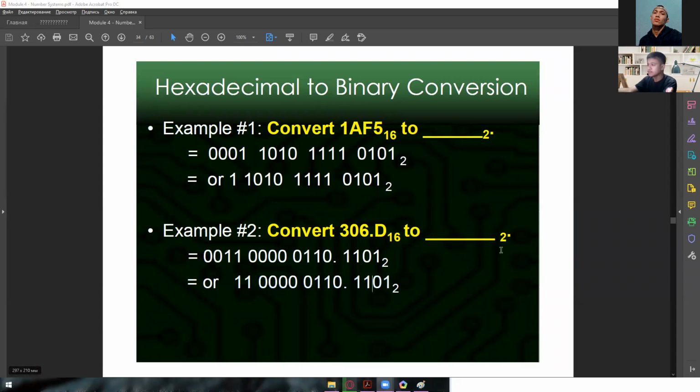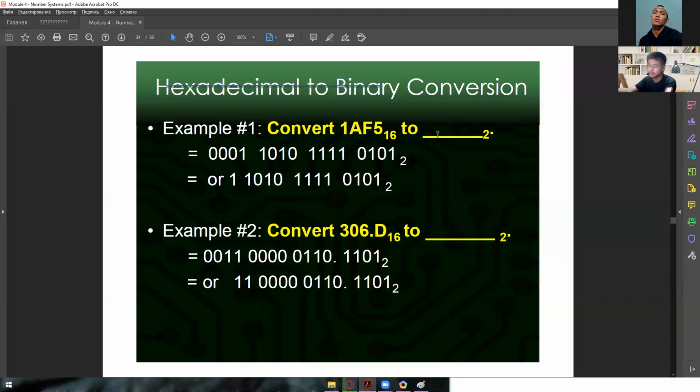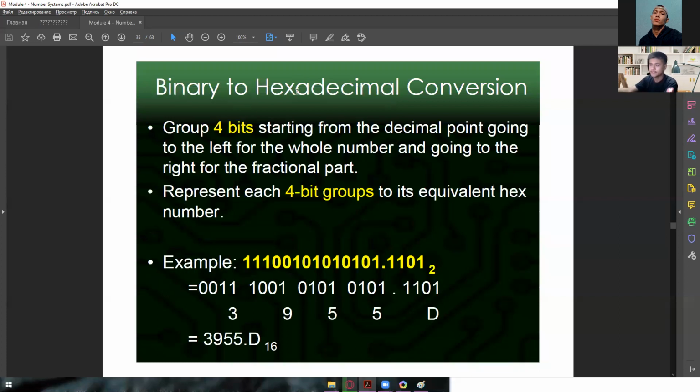All right. Okay. So next one right here. If we have hexadecimal to binary, well, of course we can reverse it, from binary to hexadecimal. Of course, it will give you a binary combination like this, and then you have to convert this one into something like this. Now, the first step once you see this and it is asking you to convert it to hexadecimal is to group it by 4.